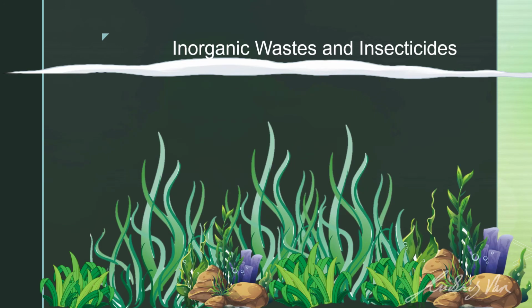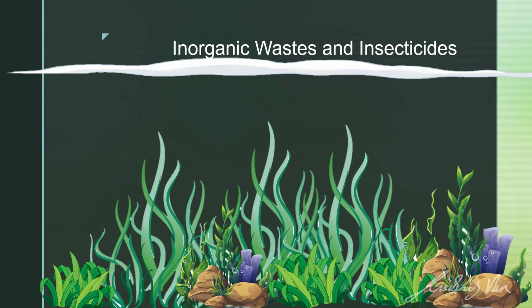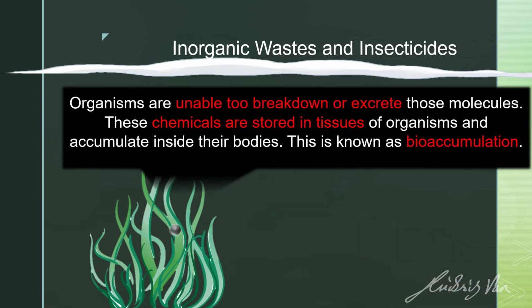So what happens when inorganic waste or insecticide is introduced into the water? They will quickly get absorbed by the plants or the small animals. Those organisms are unable to break down or excrete those molecules. Why are they unable to break them down? It is because they simply lack the enzyme to do so.